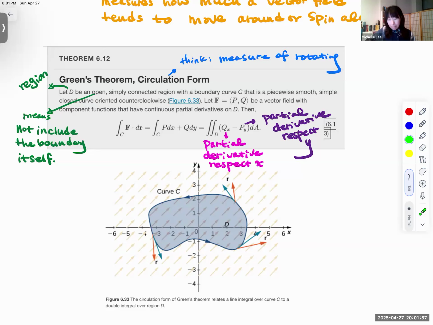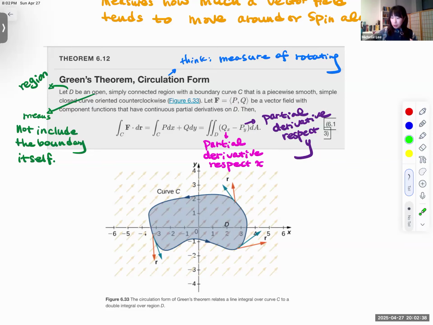This turns into a double integration over the region D, instead of over the curve C. We use the partial derivative with respect to x of the Q function, and then the P function with the partial derivative with respect to y.